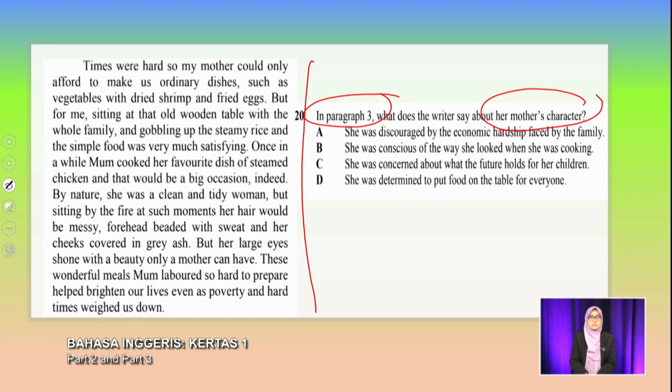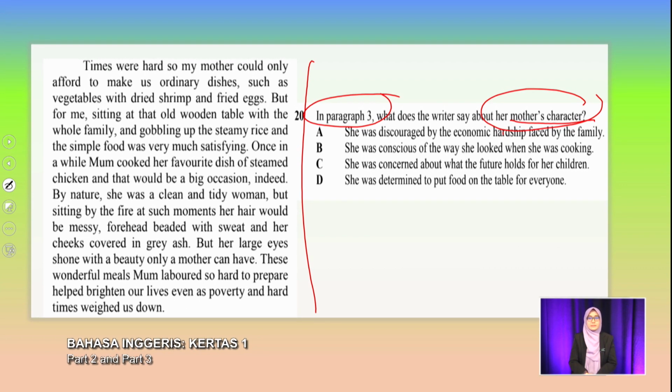Here the mother is at home, always cooking for the family, doing house chores for the family. So, talking about the characteristic of the mother, let's go through the options.